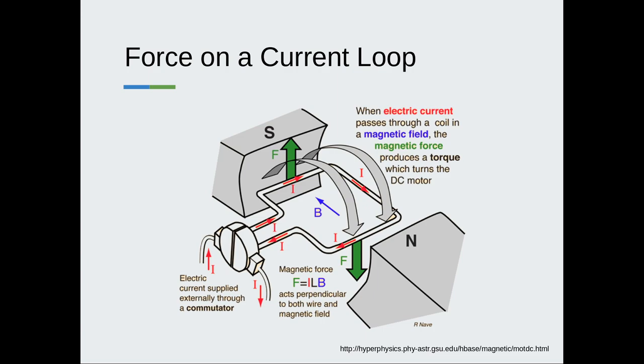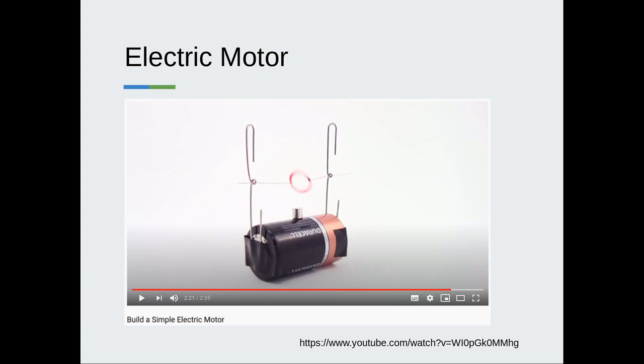So let's take a look at the forces created by the current and the magnetic field. Now the configuration is a little bit changed. If you look at this picture, the magnetic field is going this way, from the bottom to the top.